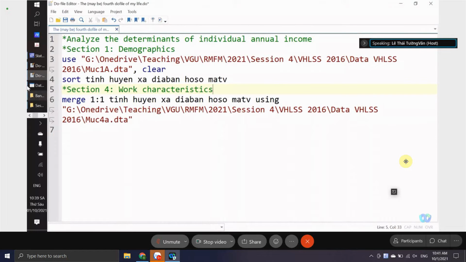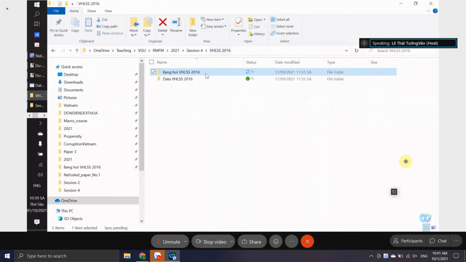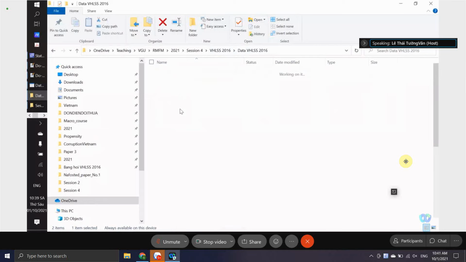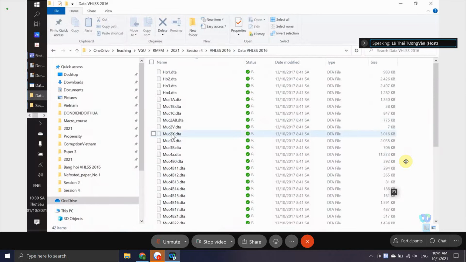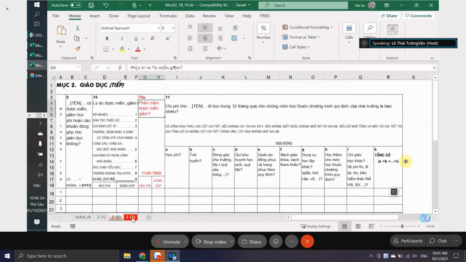And I am a lazy person. Now this is something I want to show you, some trick to make it quick. Mục 2AB here means that you have the information about the second section, both A and B. Now, you have section A, this is A and B and C and so on.